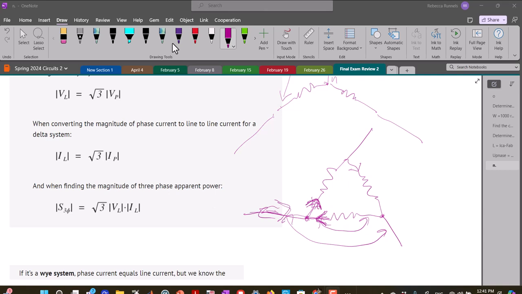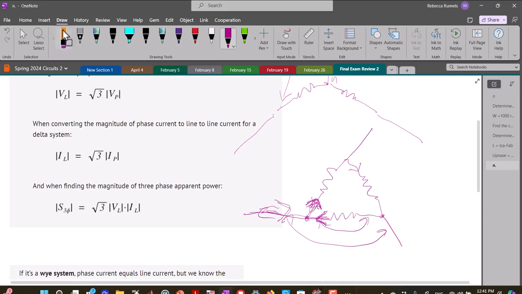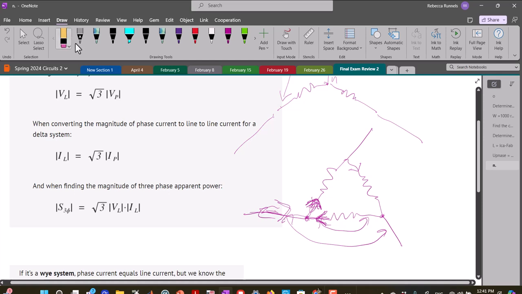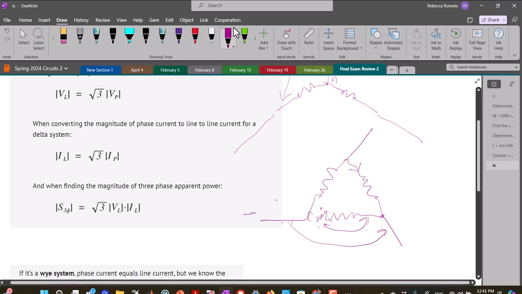Let me redraw that. So phase current that way, phase current that way, phase current that way, the line current that way.